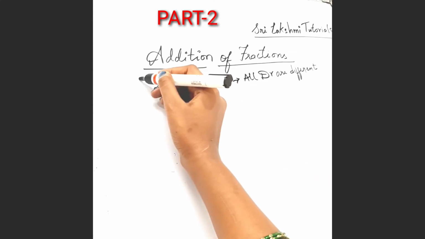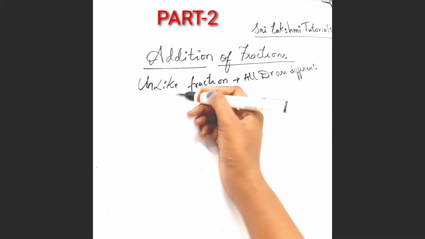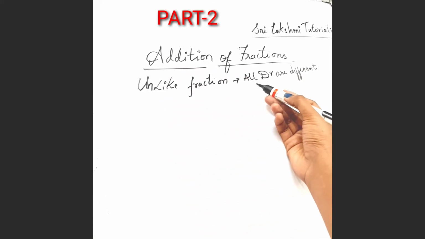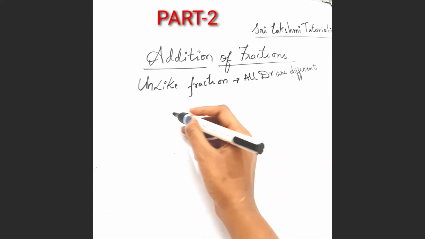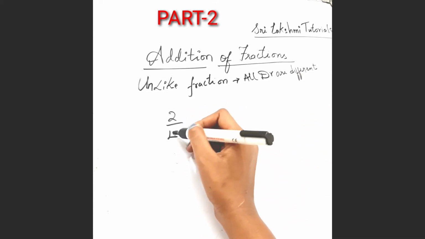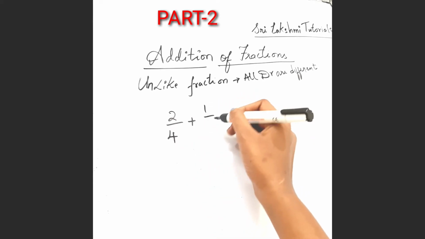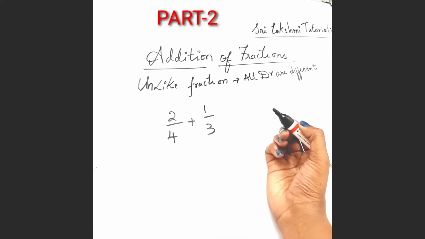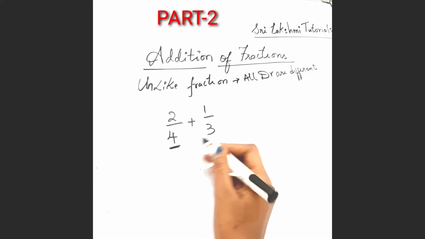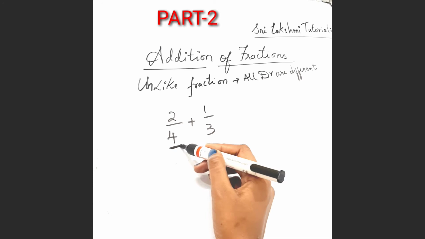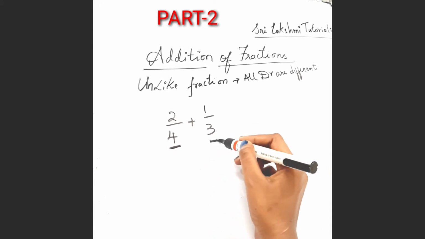If we have unlike fractions, means denominators are different. All denominators are different. Let's see. 2 by 4 plus 1 by 3. Now see this. The first fraction's denominator is 4 and the second fraction's denominator is 3.